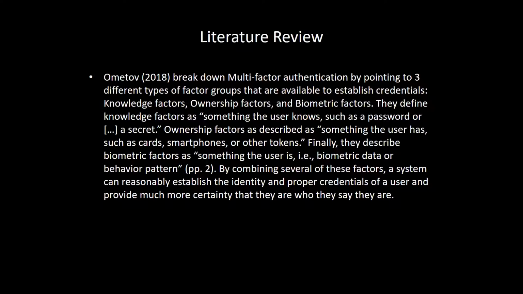So something the user knows, such as a password or secret; something the user has, such as a card, smartphone, or token; and biometric factors being something the user is, such as a fingerprint or iris scan, other factors such as that. By combining several of those factors, it can be possible to reasonably establish identity versus just using a username and password alone.